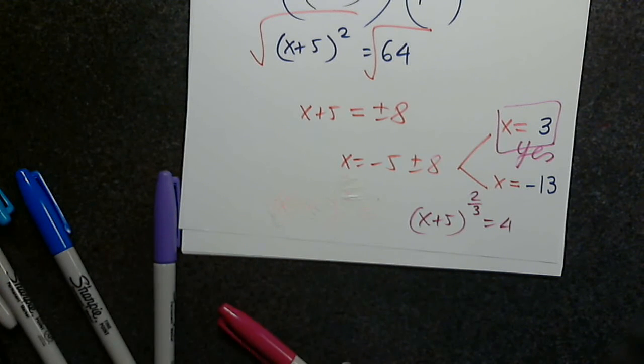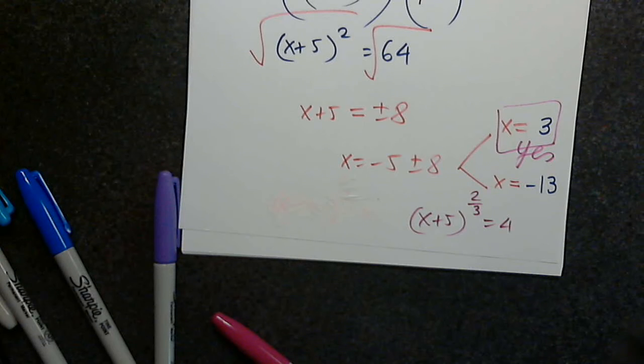Now, negative 13 plus 5 is negative 8. Awesome. So let's do now negative 8 raised to 2/3. So in parentheses, negative 8 power in parentheses 2 divided by 3. If it's not 4, what will I say? Does this work?